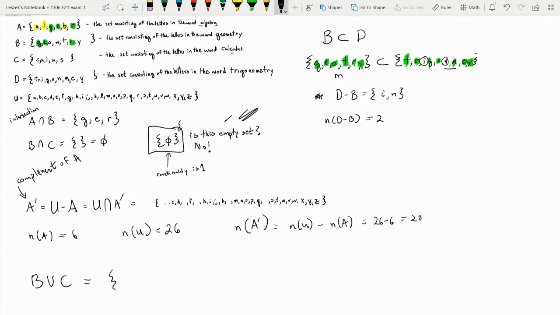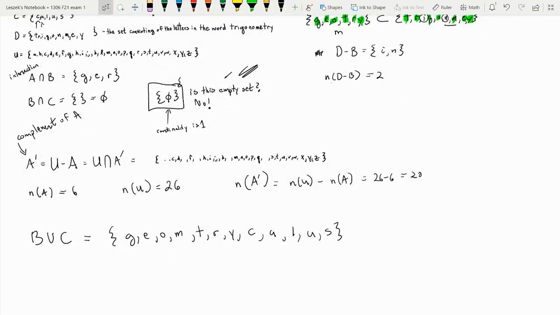So we can start by just listing all the letters in set B, and then appending any additional new letters from set C. So I see the letter C. It's not already listed. I see the letter A. That's not listed. And L is not listed. Neither is Z. Neither is S. Yep, geometry calculus. Right. Exactly.